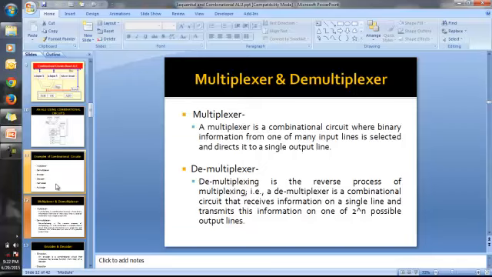Whereas a demultiplexer is the reverse process of multiplexing. That is, a demultiplexer is a combinational circuit that receives information on a single line and transmits this information on 2 to the power of n possible output lines.